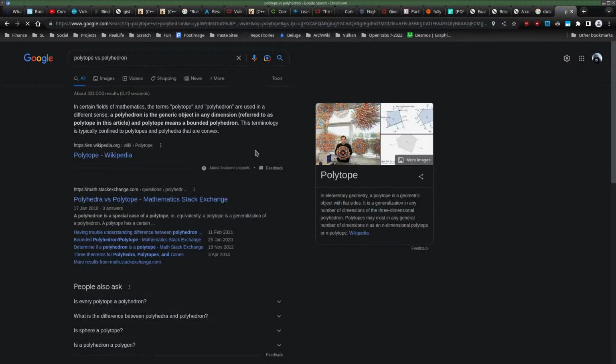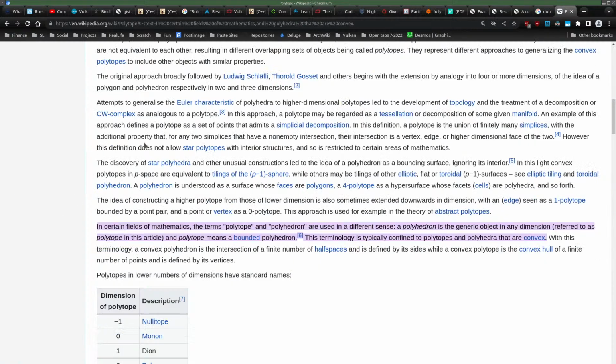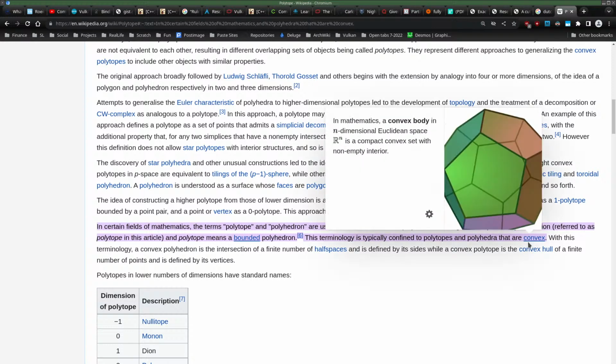Polytope versus polyhedron. That's what it says here.